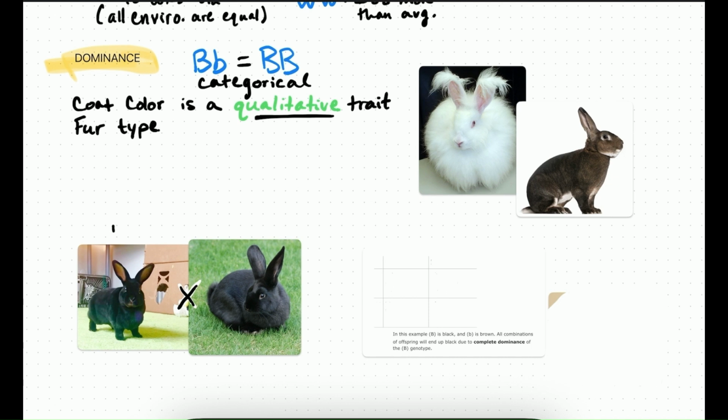Imagine we have a mating pair of a male heterozygous black rabbit, so big B, little b, and a female homozygous black rabbit, so big B, big B. What will the offspring be? The genotypes of the offspring will be based off of the genotypes of both parents.